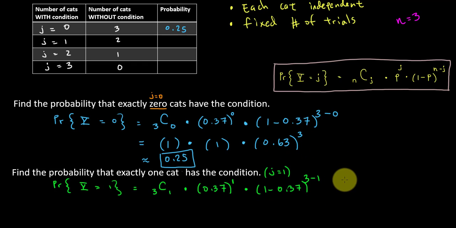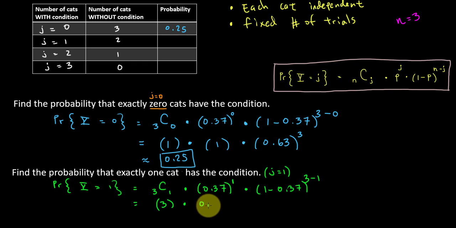Before I go right into my R calculator, I will simplify what I can. 3 choose 1. How many ways can you choose 1 cat out of a group of 3? Well, it could be the 1st cat, it could be the 2nd cat, or it could be the 3rd cat. There are 3 ways that can happen.